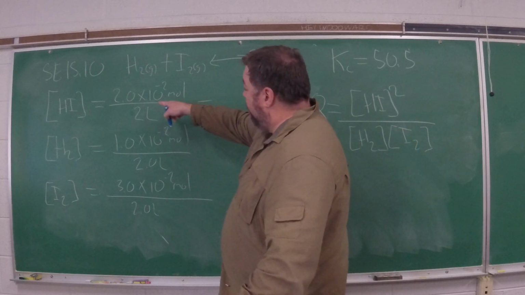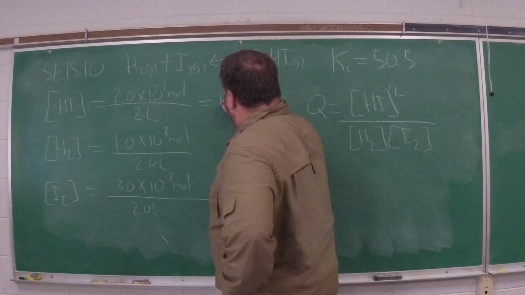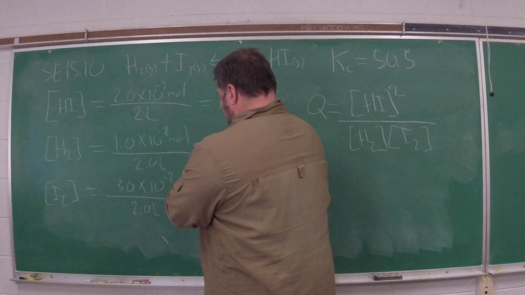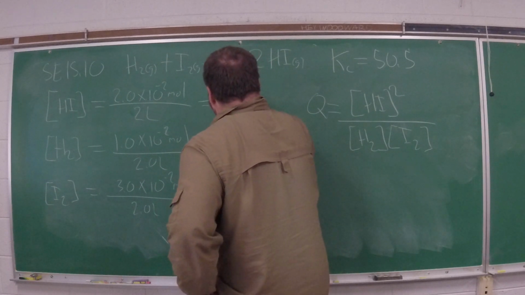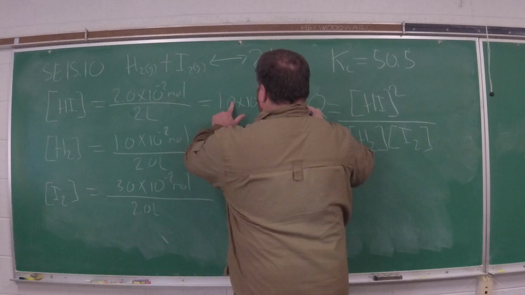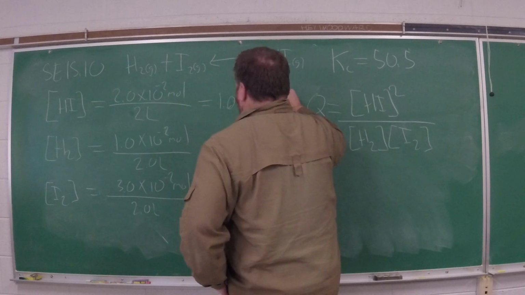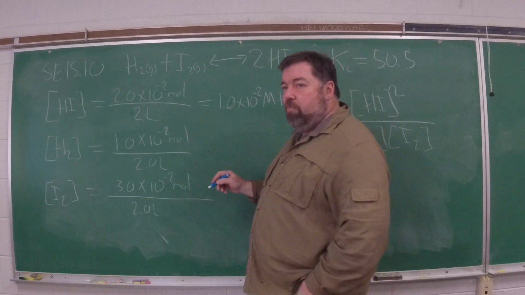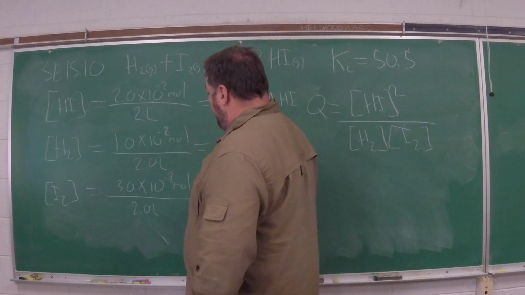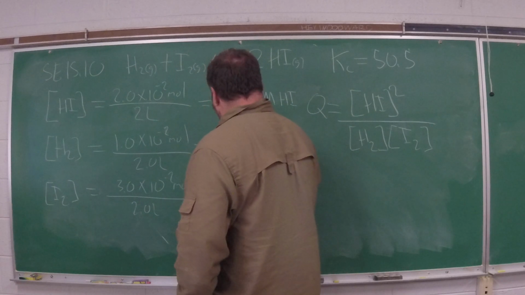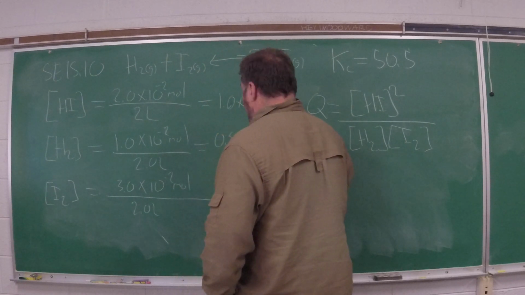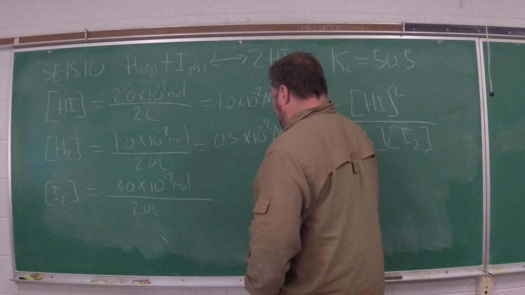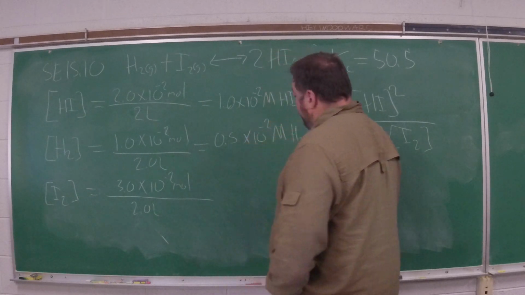So let's figure this out, right? So what are we going to have here? Well, we're going to get 1.0 times 10 to the minus 2 molarity HI. Here we're going to get molarity H2.